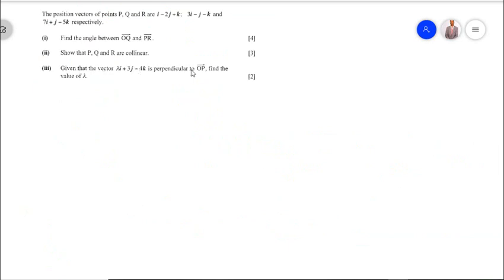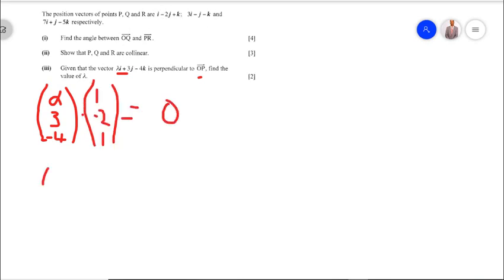Attempting the last part, we want to find lambda if the given vector is perpendicular to OP. We know that the dot product for perpendicular vectors is equal to 0. So if we say the given vector dot OP, the OP we have been given, it's 1, negative 2, 1.